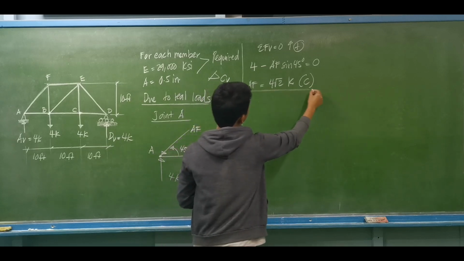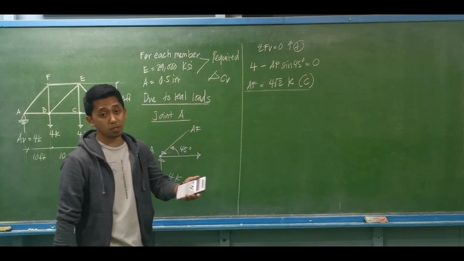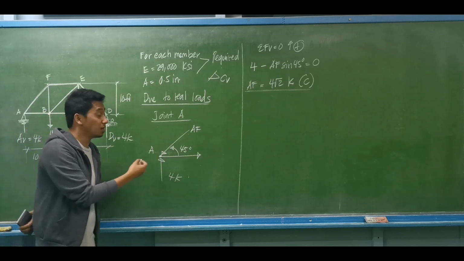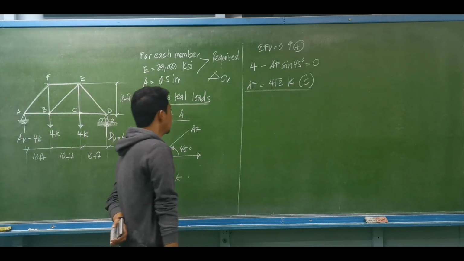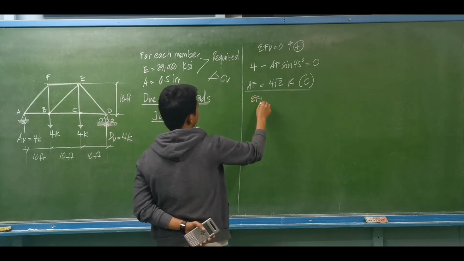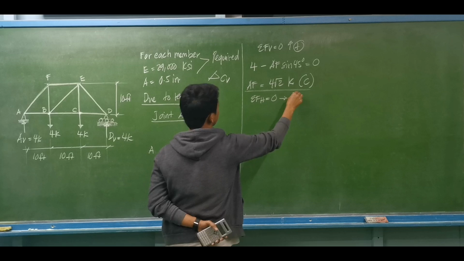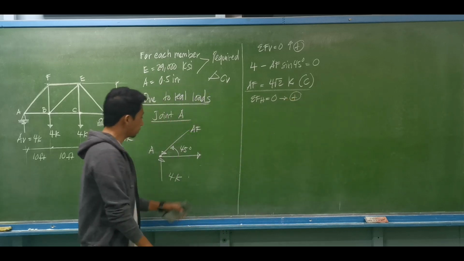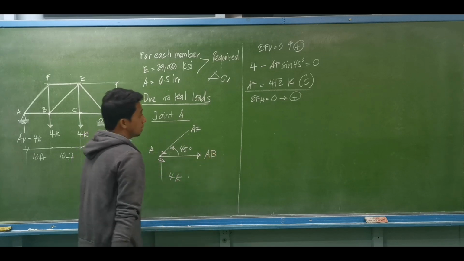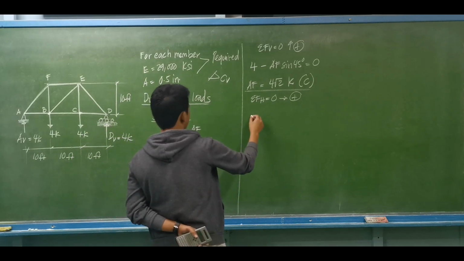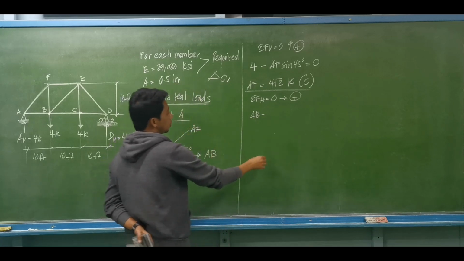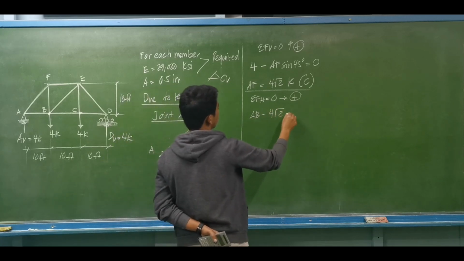We need to identify whether the axial force is compressive or tensile, so later on we will assign the sign convention. Then we have the summation of horizontal forces equal to 0, with forces to the right positive. To compute the force in member AB, we have AB minus AF cosine 45 degrees equal to 0, where the magnitude of AF is 4 square root of 2.